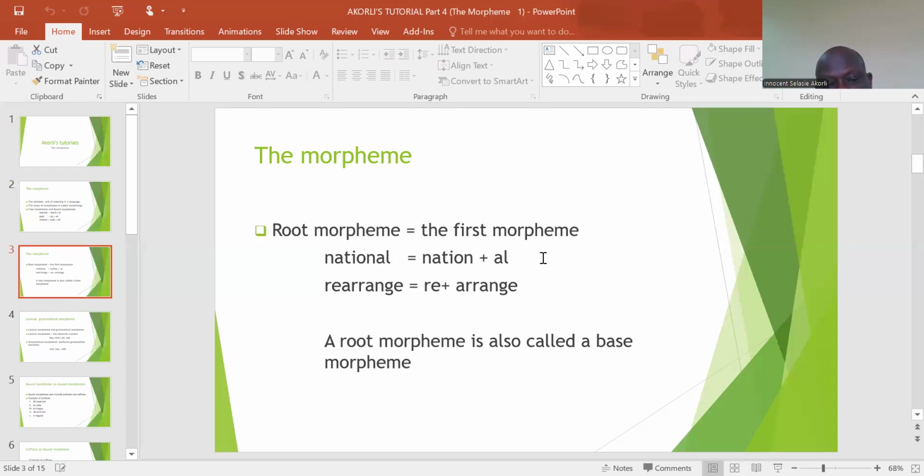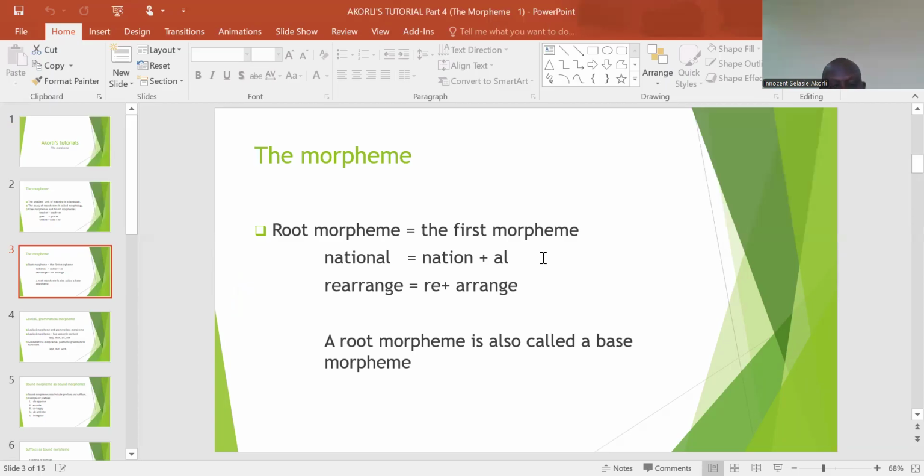You may see something like root morpheme. The root morpheme is the first morpheme, others are added. As you saw in the case of teacher or goes or walked, teach is a root morpheme to which ER is added. Go is a root morpheme to which ES is added. Then walked. Walk is a root to which ed is added.